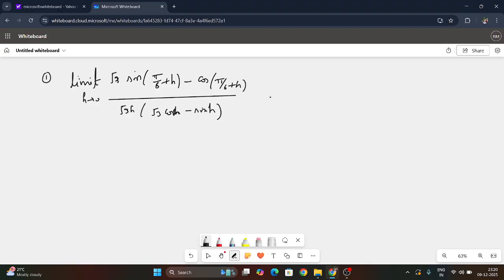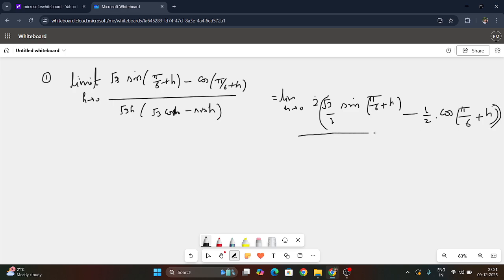So this becomes limit h tending to 0 of 2 times [root 3 by 2 sin(pi/6 + h) minus 1 by 2 cos(pi/6 + h)], and in the denominator, root 3 multiplied by 2h times [root 3 by 2 cos h minus 1 by 2 sin h].